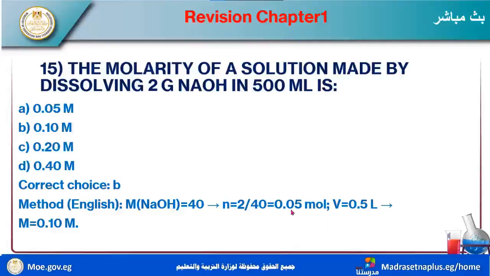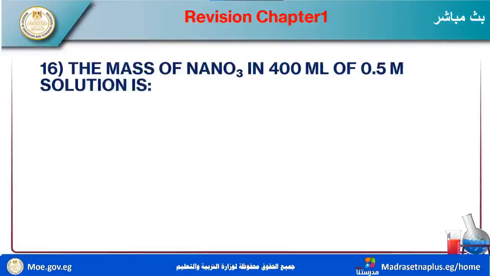Now you can divide 0.05 by 0.5. Now we have 0.1 molar in this aqueous solution. The answer is B.